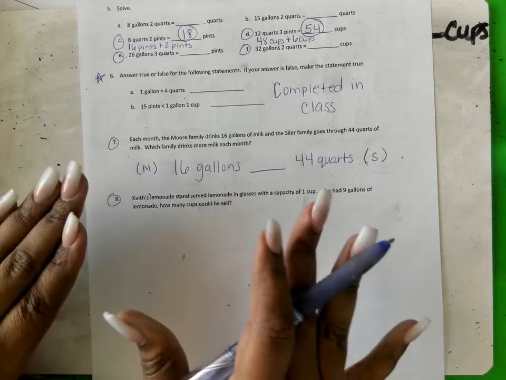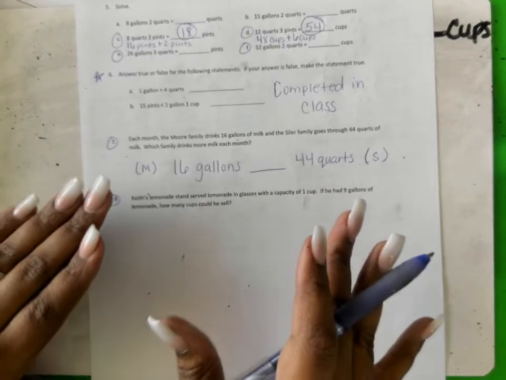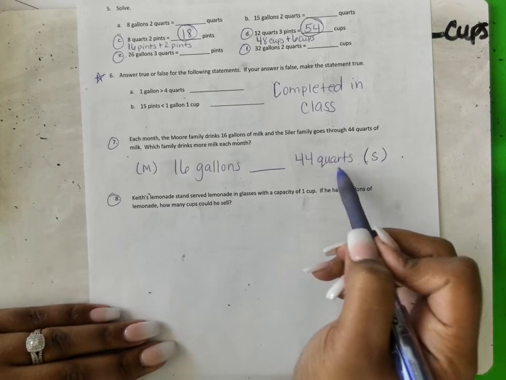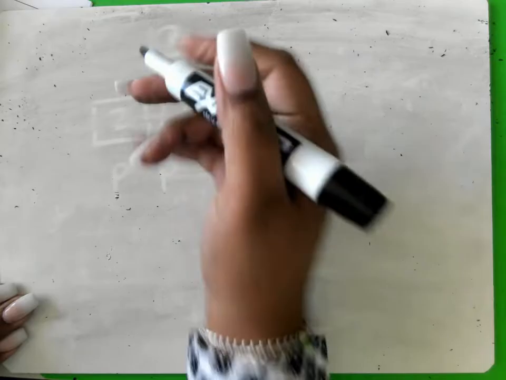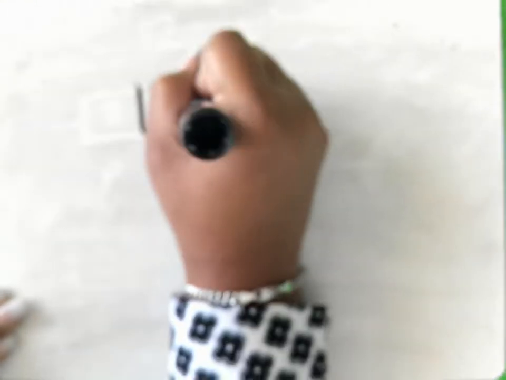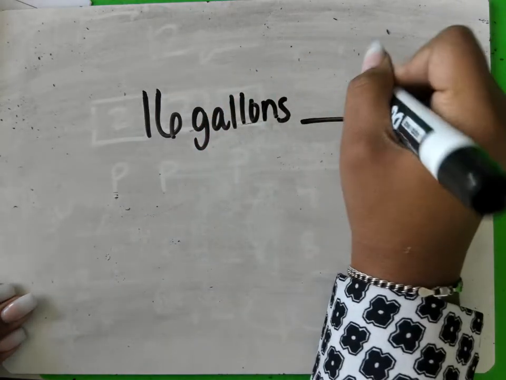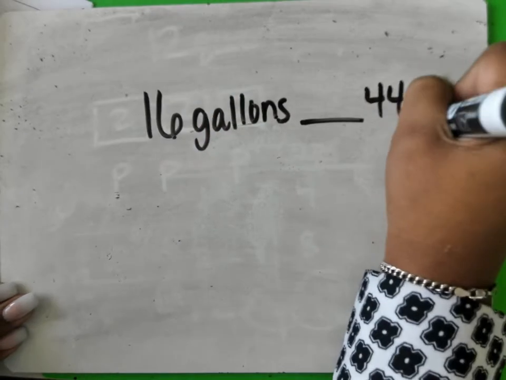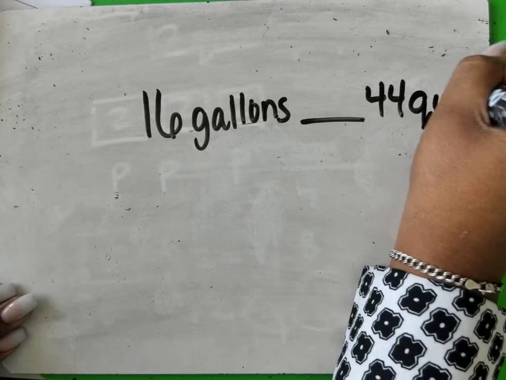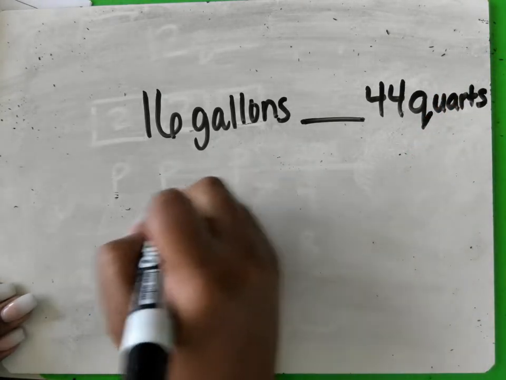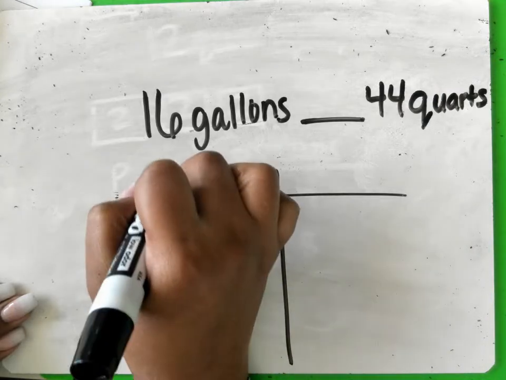That is totally up to you, whichever is easier for you. Okay. In this case, I want to convert my quarts to gallons. So I'm going to do 16 gallons because I want to figure out which one is larger. My 44 quarts. Okay. And I know that I'm going from gallons to quarts.